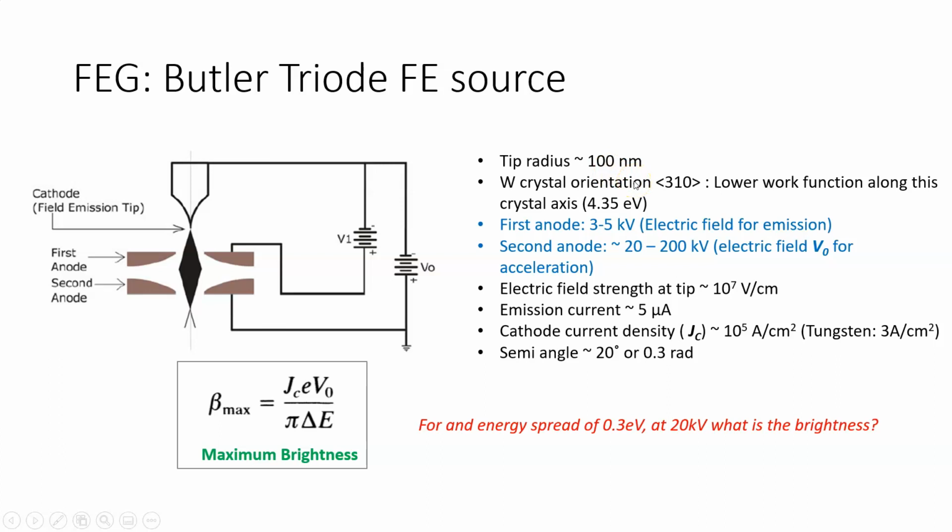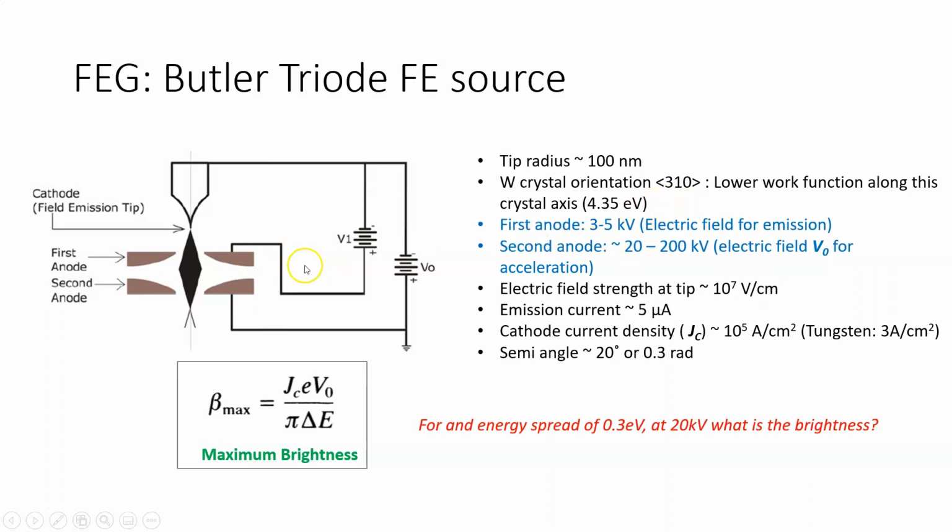Depending on the crystal orientation of the tungsten, there are certain variations in the work function. So it has been seen that if you are able to cut the tungsten into the direction of 310, that results in a lower work function. So that is something that people do all the time.